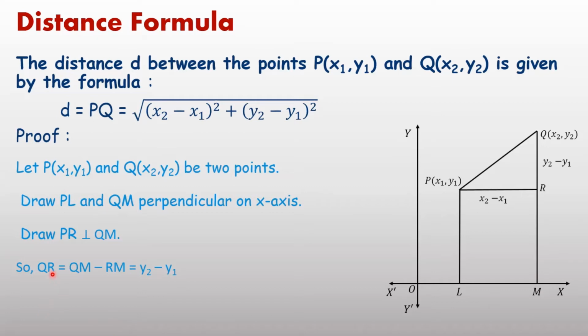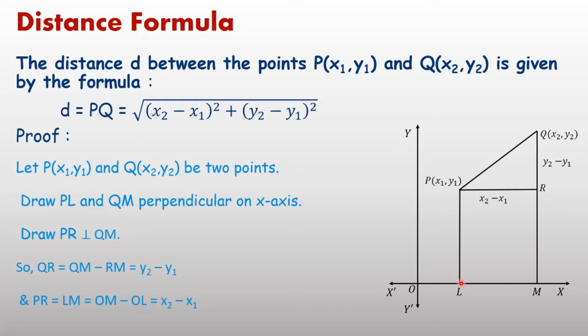Now here QR written. QR we can write as QM minus RM. Value of QM means y2 and RM is same as PL, and which is equal to y1. Therefore value of QR is y2 minus y1. Similarly you can write the value of PR.